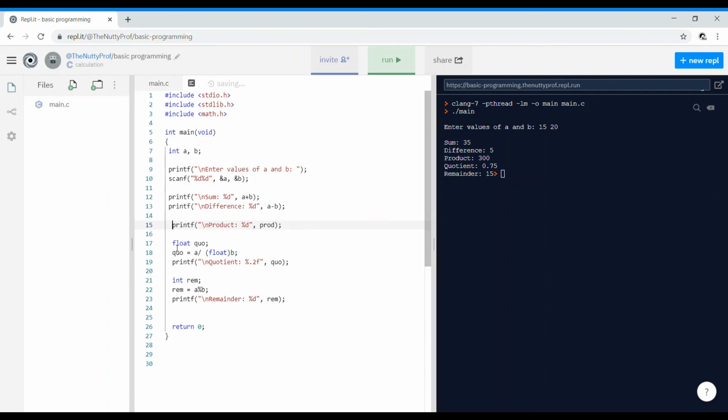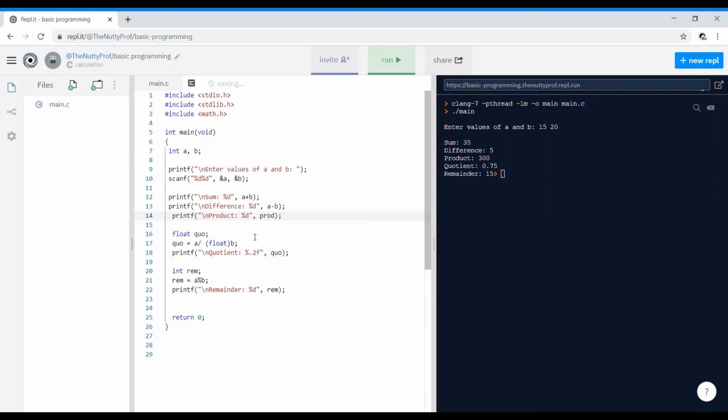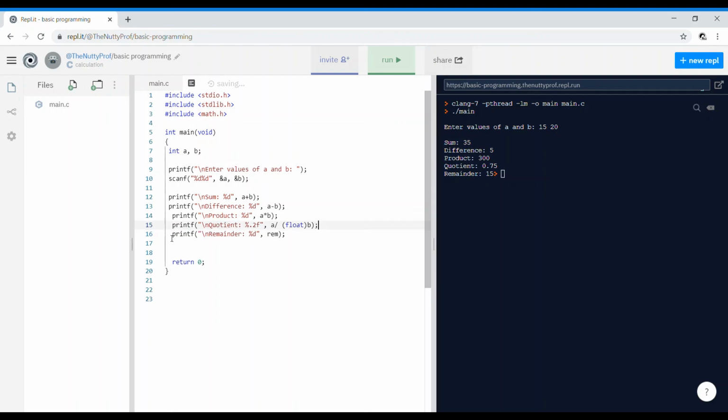We can shorten it and write in place of the product just a asterisk b. And quotient, since we know both the values are going to be the same, only in difference the values will change. For the other two the values are going to be the same. So I'll reduce the purpose of wherever I put the float, and for remainder also I'll change it and give rem as a modulus b.